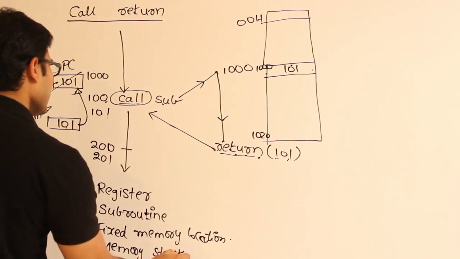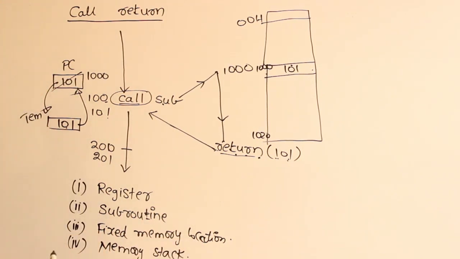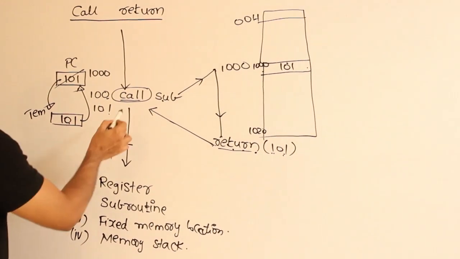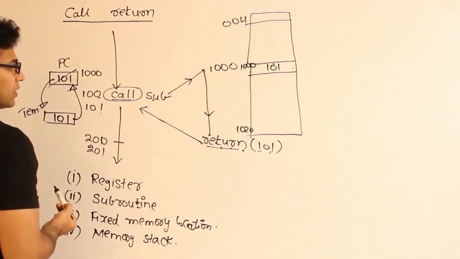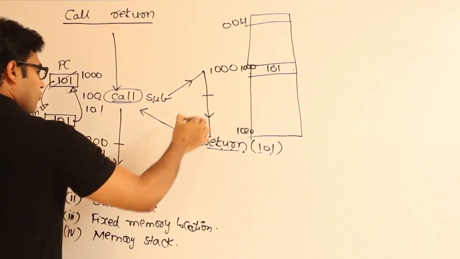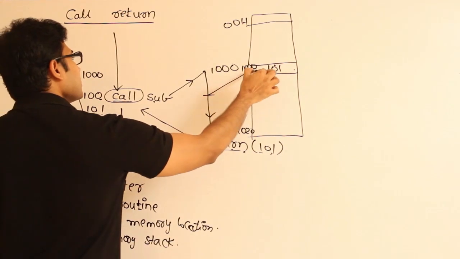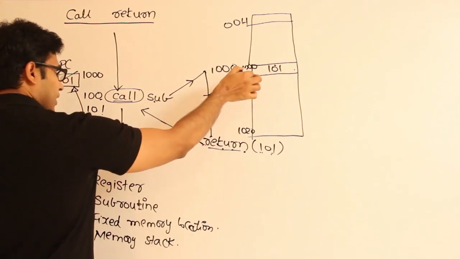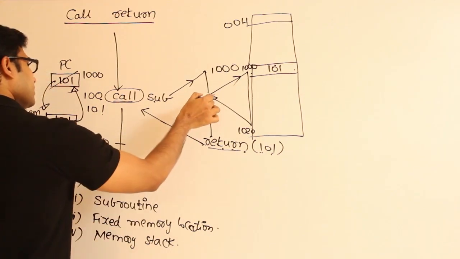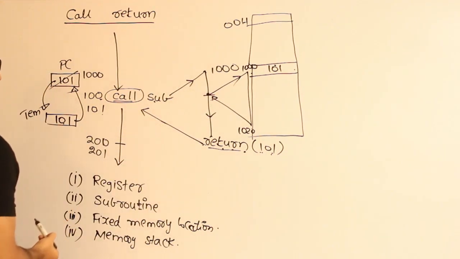Memory stack. So why is it the best method? Let's talk about a scenario where you have called this, okay, and now suddenly at some point this subroutine wants to call some other program, right? And again it has to return back to here, right? Now again this subprogram has to save this return address, isn't it? Where will it store?